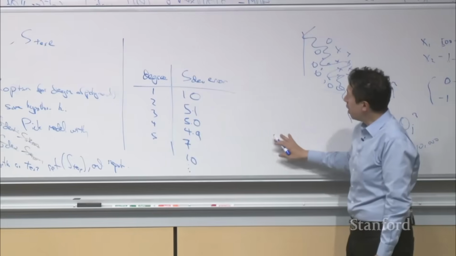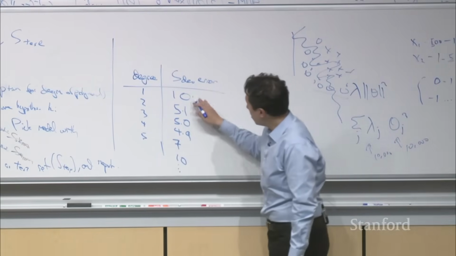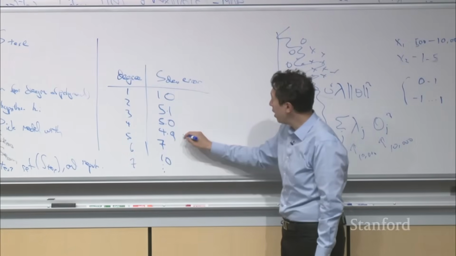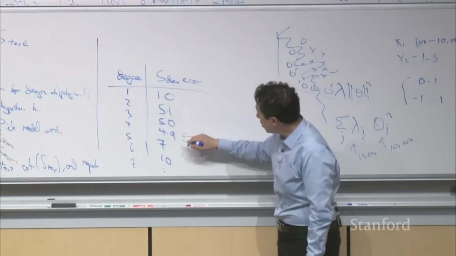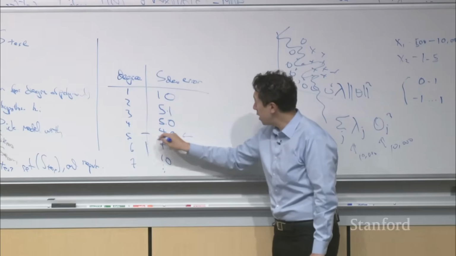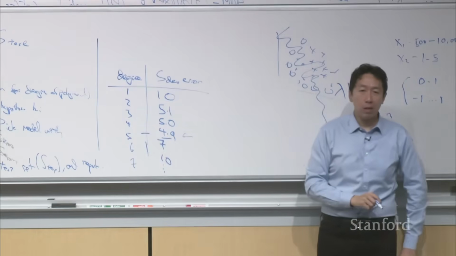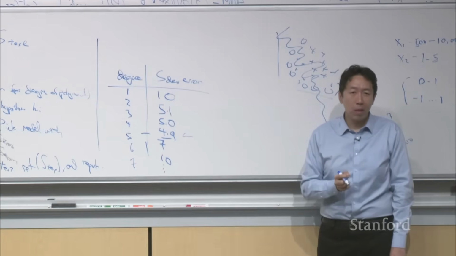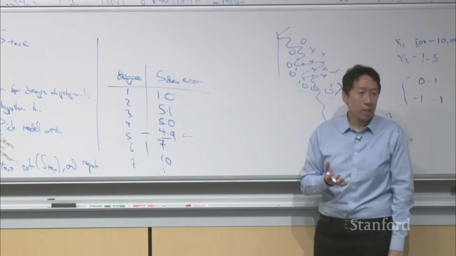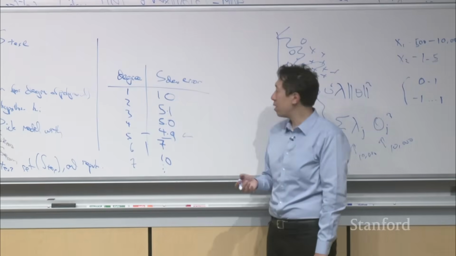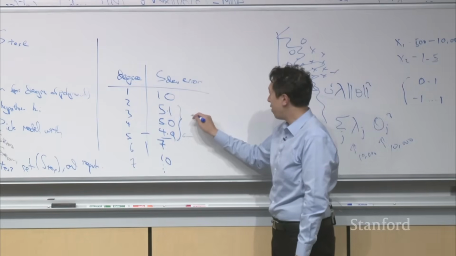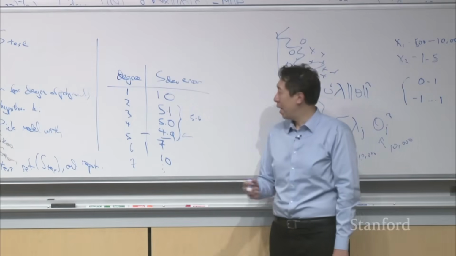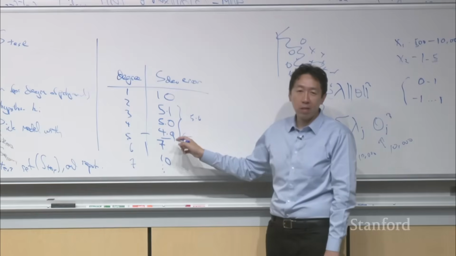If you're using the dev error to pick the best hypothesis, to pick the best classifier, you would say that using a fifth order polynomial gets you 4.9 squared error. But did you really earn that 4.9 squared error, or did you just get lucky? Because there is some noise, maybe all of these actually have error close to 5.0, but some are just higher, some are just lower, and you just got a little bit lucky that on the dev set this did better.